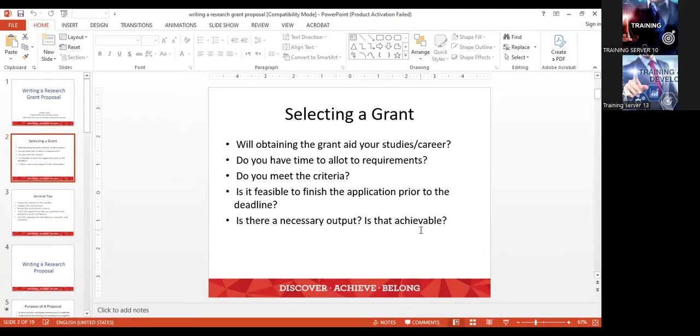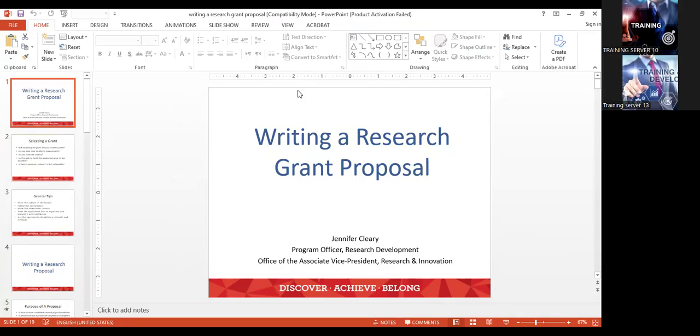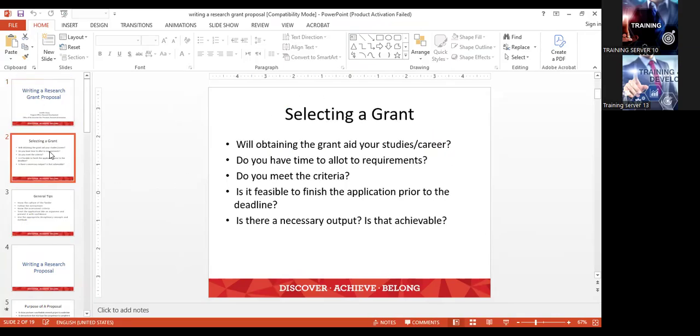As we can see here, while we are trying to select a grant for any research, we are talking now about writing a research grant proposal. We have to think very well about whether we will obtain that grant to support us, because we know that lots of things in our work should be supported.